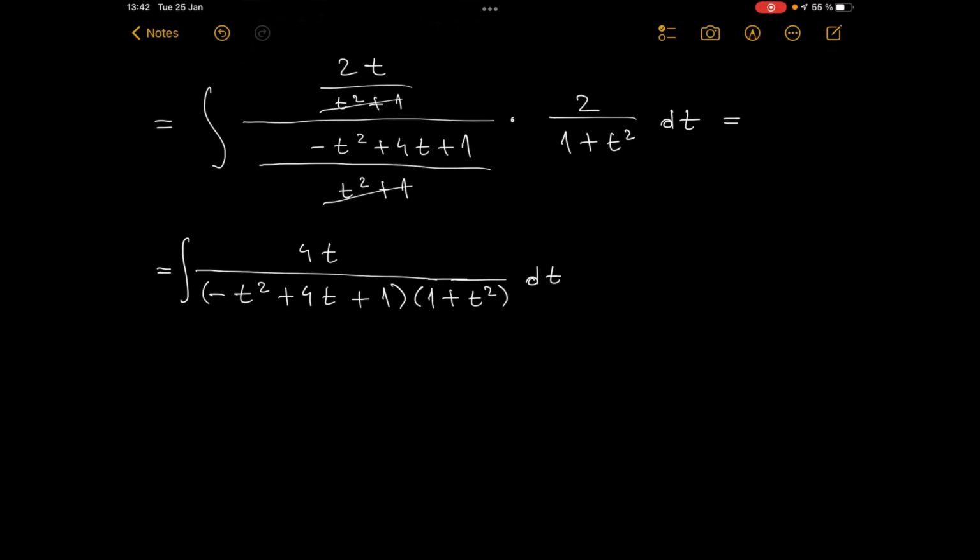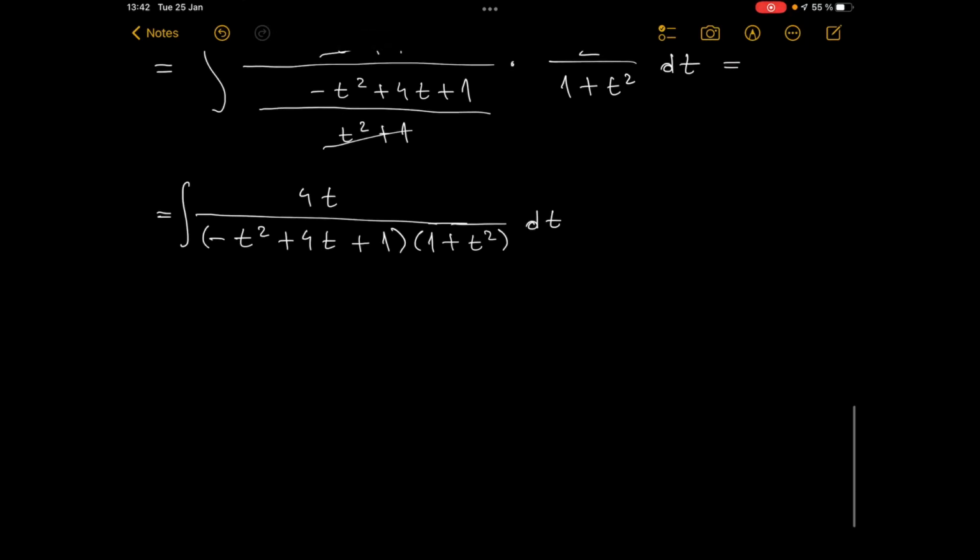So now we've got an integral of a rational function in terms of t.